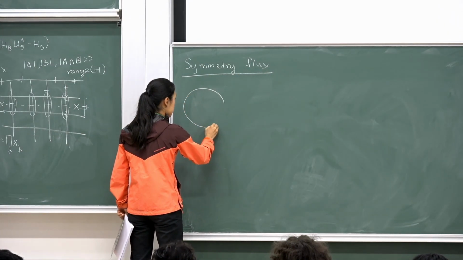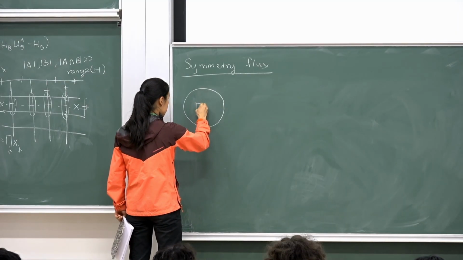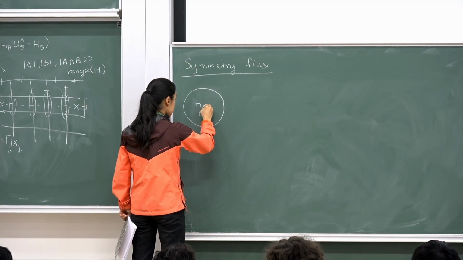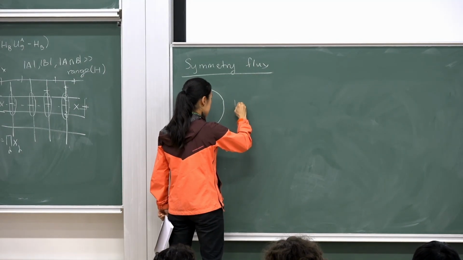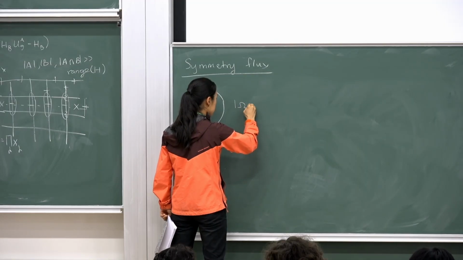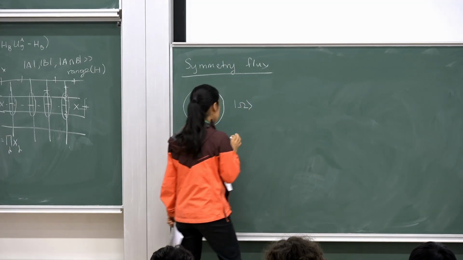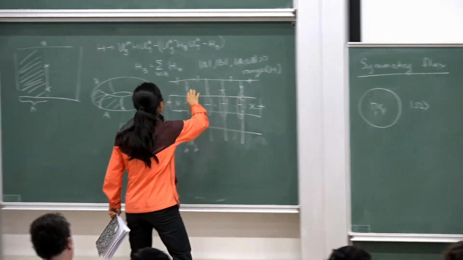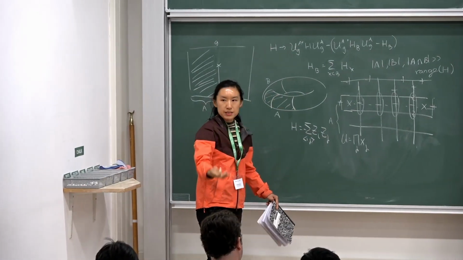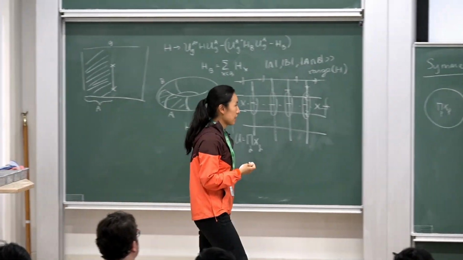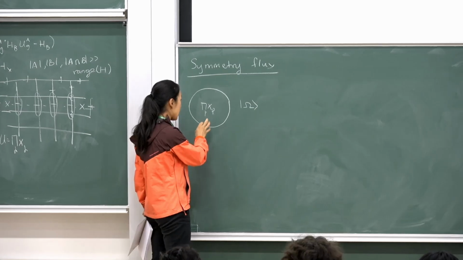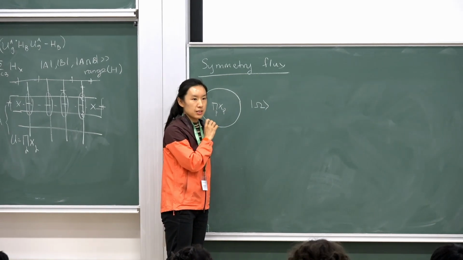So if I act with the symmetry restricted to a patch, so I act with the product of Pauli X here, on my ground state wave function, and we'll consider all these Hamiltonians on periodic boundary conditions, so you have a unique ground state, and you can act with the symmetry action on a patch.